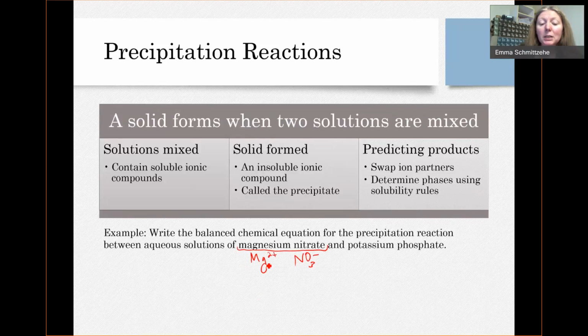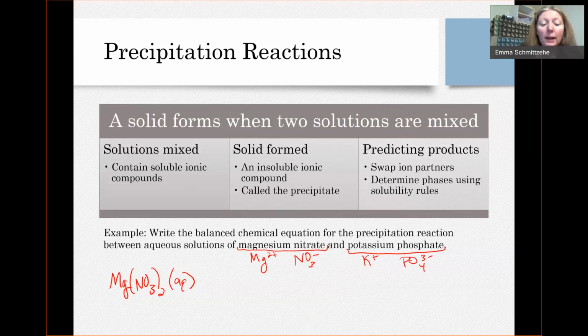So when those come together, magnesium nitrate is actually Mg(NO3)2. You need 2 nitrates for every 1 magnesium to make a neutral substance, and that's aqueous. And then we have potassium phosphate, and that's another ionic compound made up of potassium ion and phosphate ion.